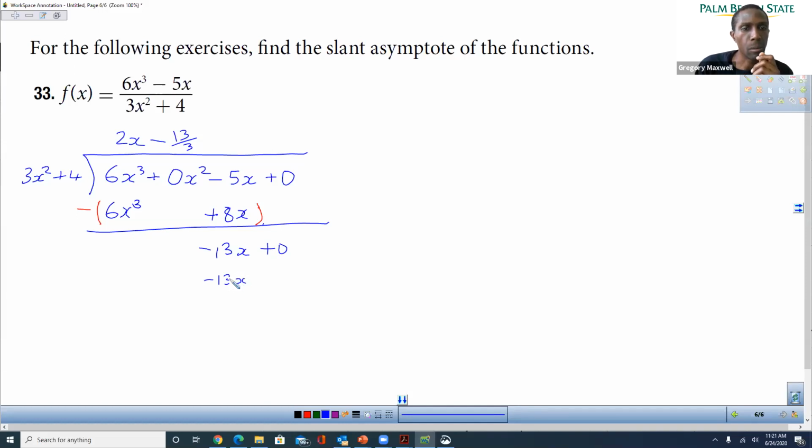Oh, sorry, I am mistaken. My apologies. At this point, I'm stuck. 3x squared does not go into 13x because the degree of the top doesn't work.